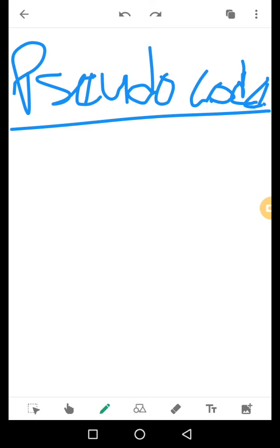So that's all about pseudocode now. What we are going to have a look at is programming environment, CASE tools and HIPO diagram.